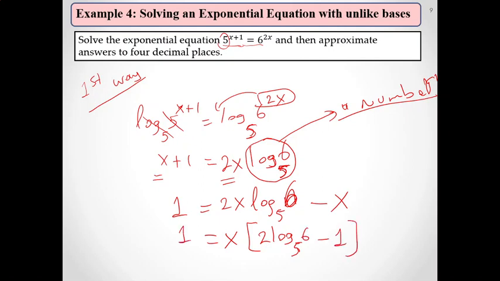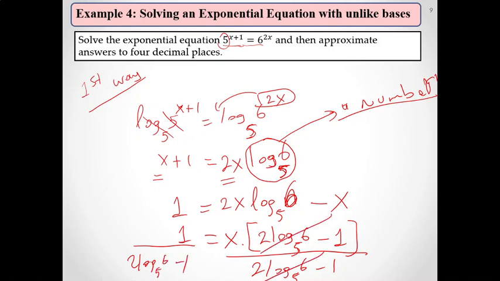And then this makes 1. So divide it by this term here, log base 5 of 6 minus 1, and then 2 log base 5 of 6 minus 1. So after the cancellation, you will get this one here. So this is the answer here. Now, this is one way of doing it.